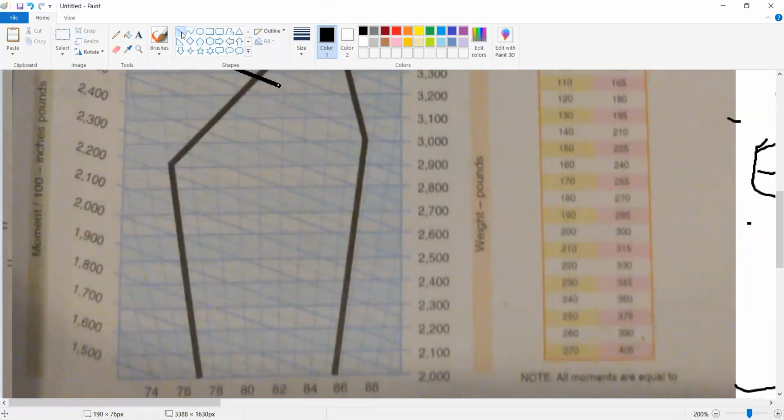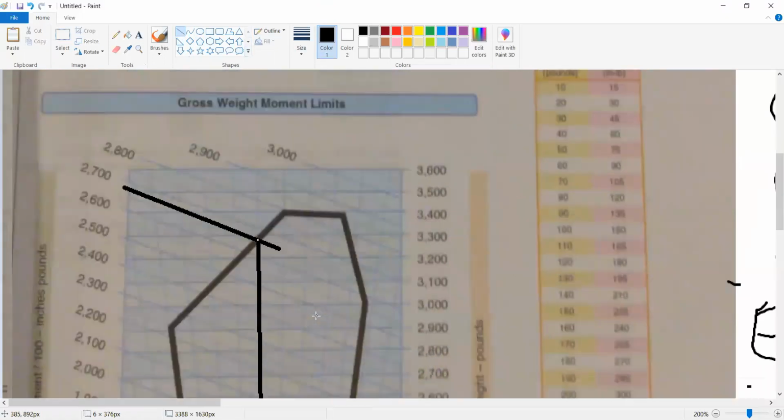So let me draw that line. So that is more or less here. All right. Hold on.